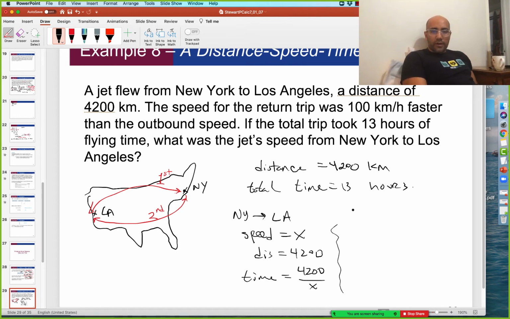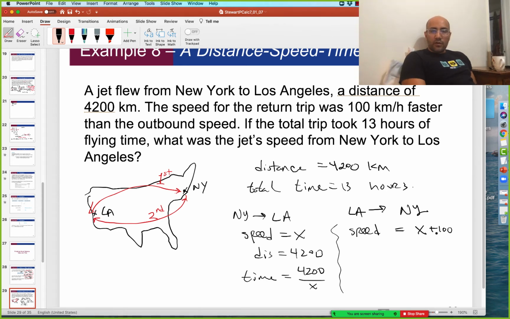On the other way around, from LA back to New York, I don't know what the speed is, but we are told that the speed was related, and it was x plus 100. Like if this was 400 kilometers per hour, this one would be 500 kilometers per hour.